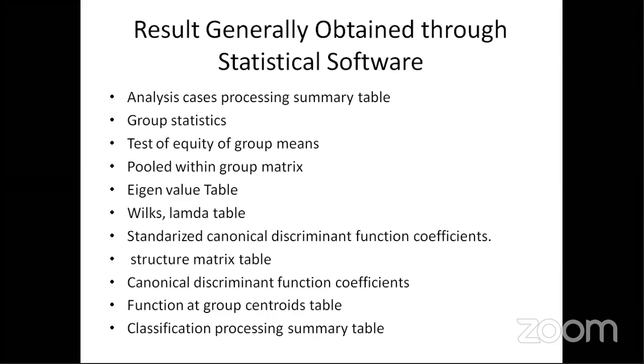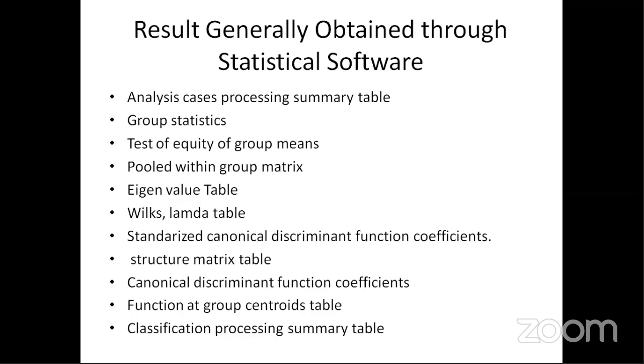But if you remember, in factor analysis it was opposite: if some variables are correlated, then only we can conduct factor analysis. If they are not correlated, then we should not go for factor analysis. But here it is different.